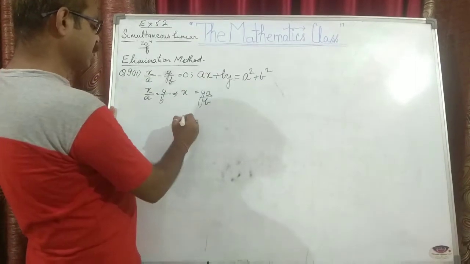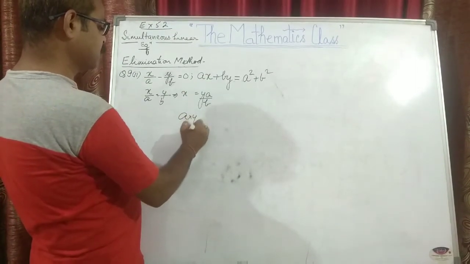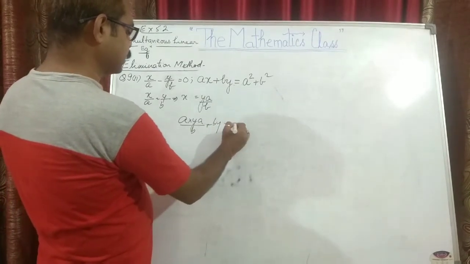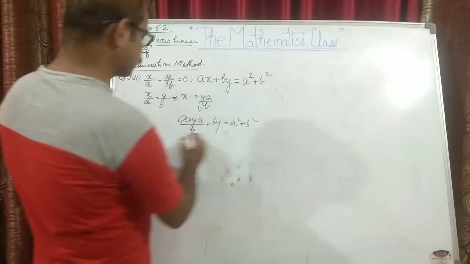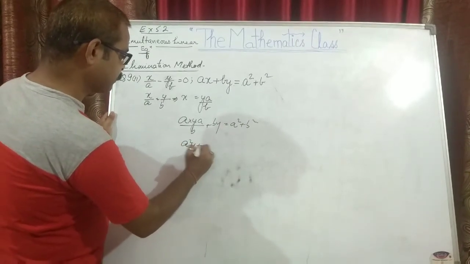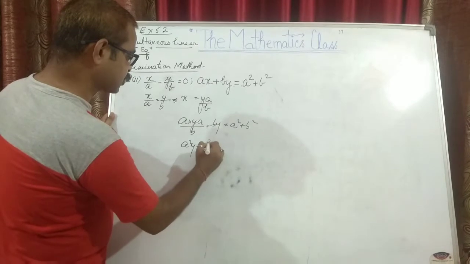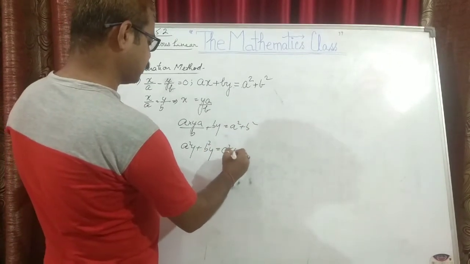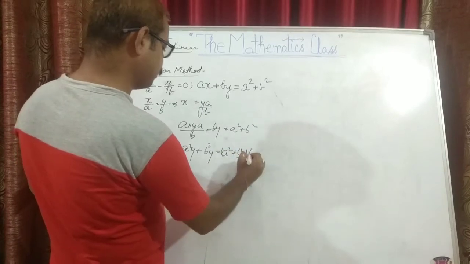Substitute this value over here, means a into ya upon b plus by is equal to a square plus b square. Take LCM. So it will be a square y plus b square y is equal to a square plus b square into b.